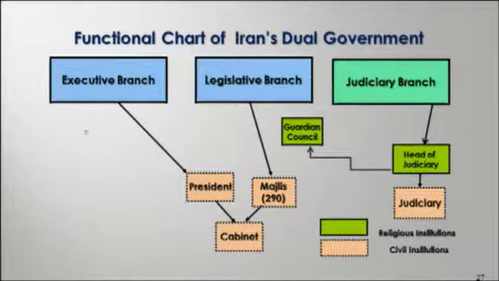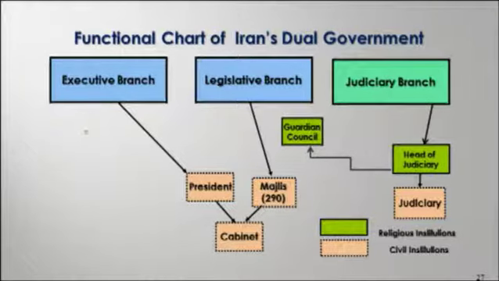Later on, when we specifically talk about the Guardian Council, you will see that it is composed of 12 members, 6 of them clerics and 6 lay jurists. What the head of the judiciary does is nominate the 6 lay members to the Guardian Council. However, those nominations are subject to approval of the Majlis or the parliament.